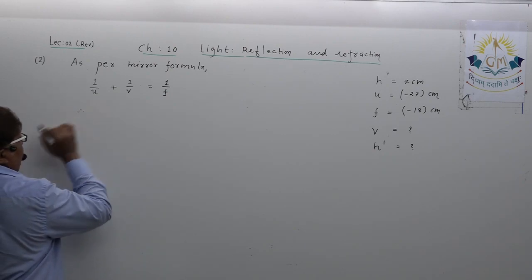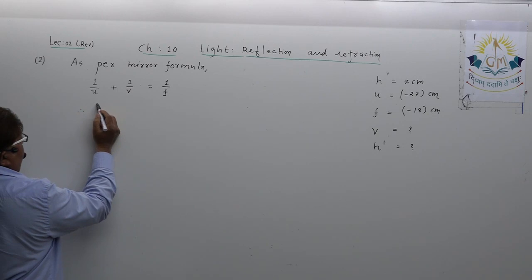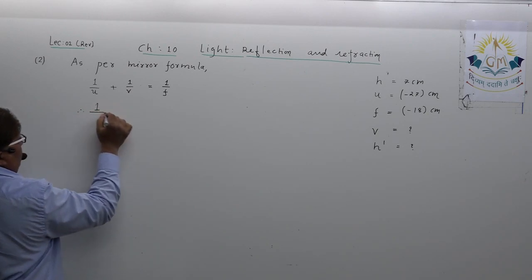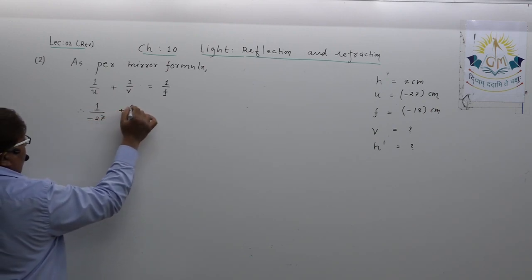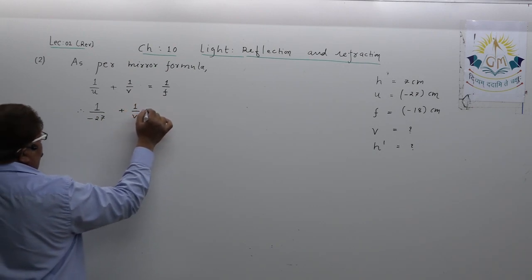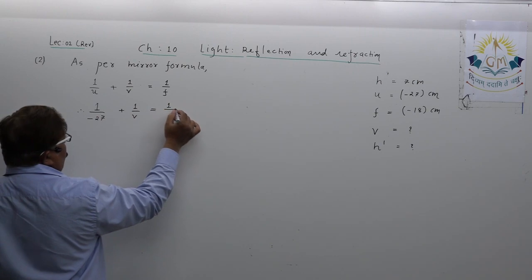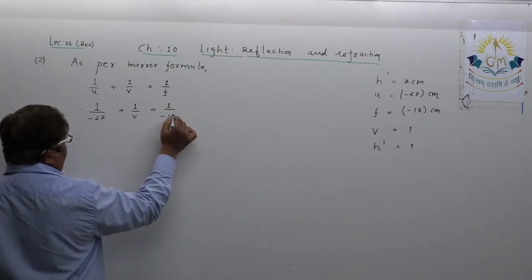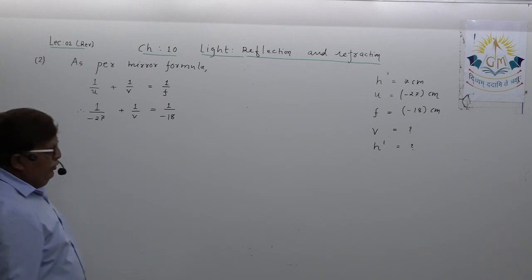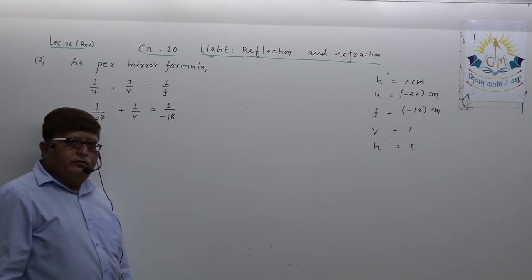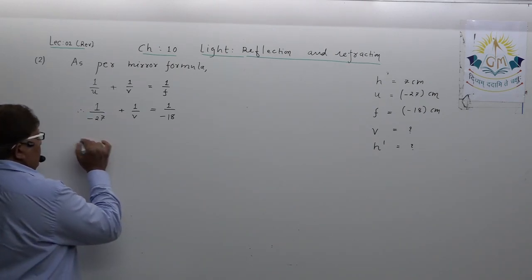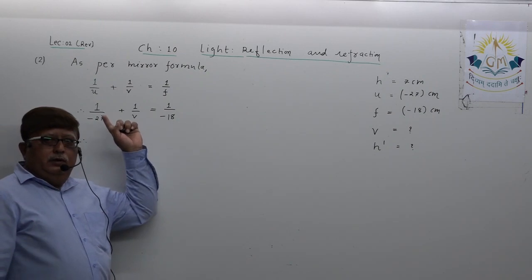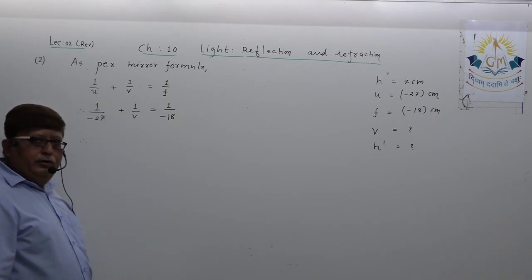After writing the formula, let us substitute the values. 1 upon u is already negative. v we are looking for. Focal length has been given 18, but because it is a concave mirror, we have to take it negative, as you know. Let us transfer this term here.